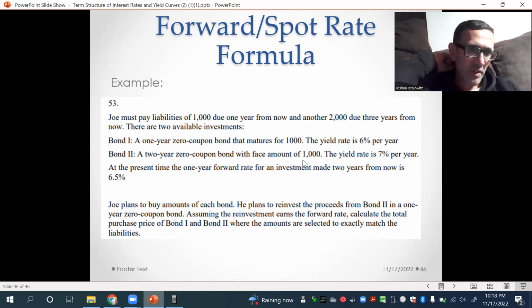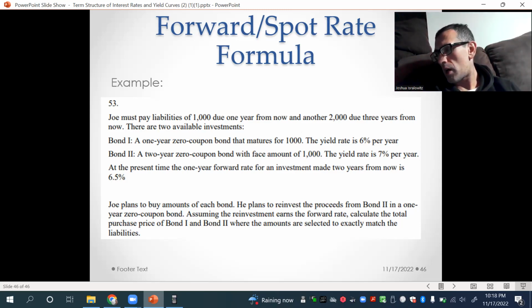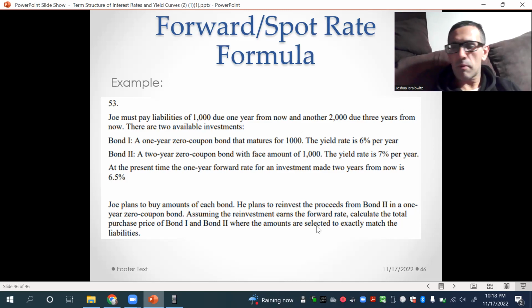But anyway, at the present time, the 1-year forward rate for investment made 2 years from now, so this is again I023, is 6.5%. Joe plans to buy amounts of each bond.